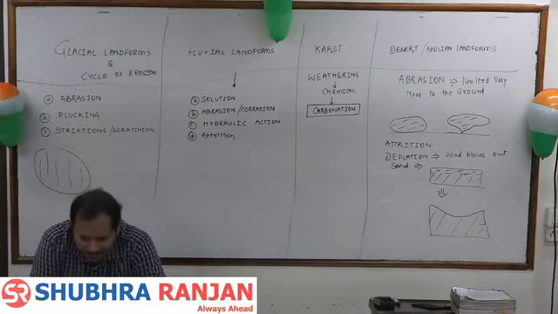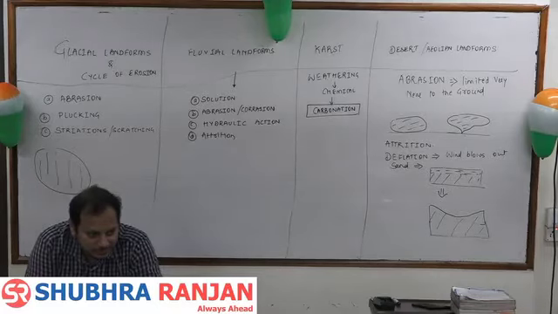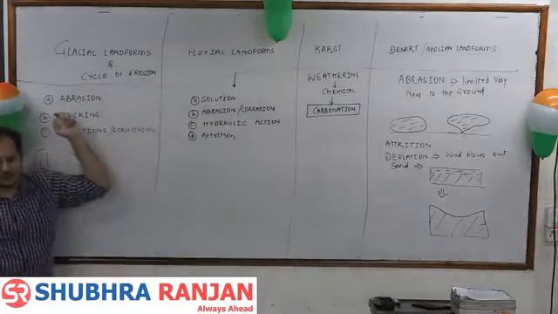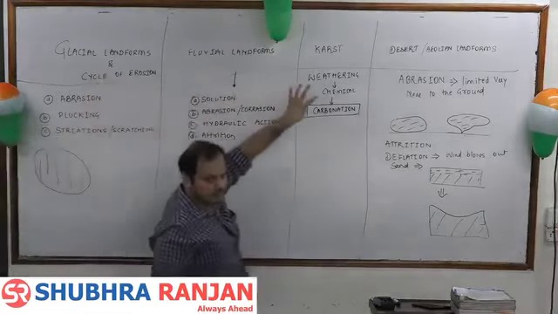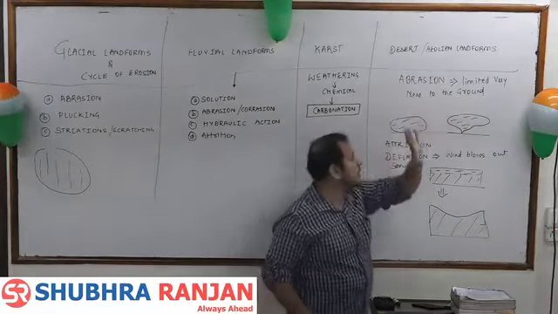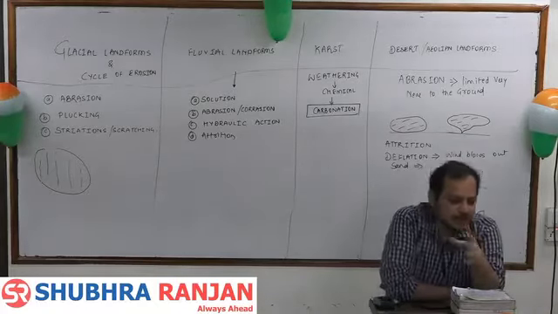Compare. Name the climatically controlled agents of erosion. So stop here. What are the climatically controlled agents of erosion? Glacial, fluvial, karst. Fluvial ही है, but थोड़ा process is different, and the winds. Yes, these are the three climatically controlled agents of erosion.